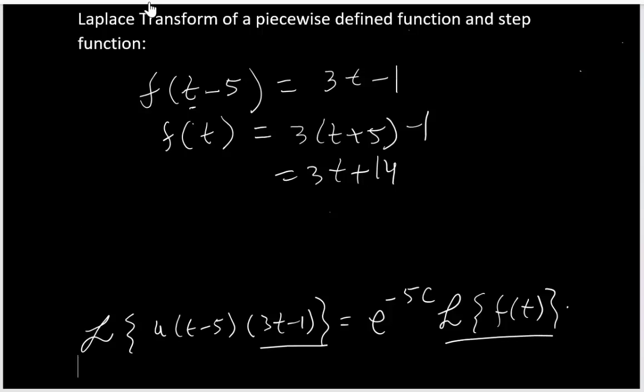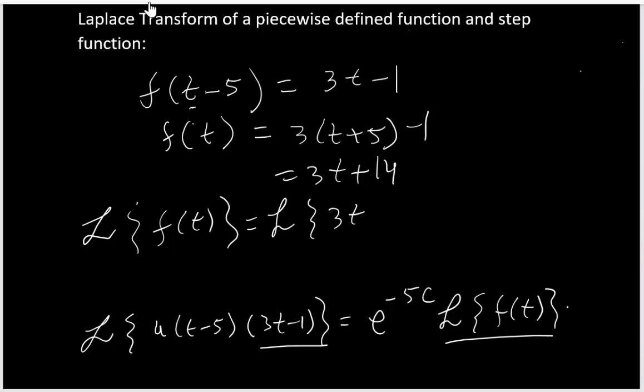Now find the Laplace transform of f(t), which is the Laplace transform of 3t plus 14. We know from the given formulas, 3t will give me 3 over s squared. That means you are using n factorial over s to the n plus 1, so your n is 1.